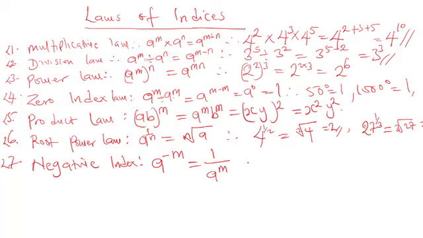So if for instance you have 2 raised to the power minus 1, it's the same thing as 1 over 2 raised to the power 1. And if it is 2 raised to the power minus 3, it's the same thing as 1 over 2 raised to the power 3, which is equal to 1 over 8.